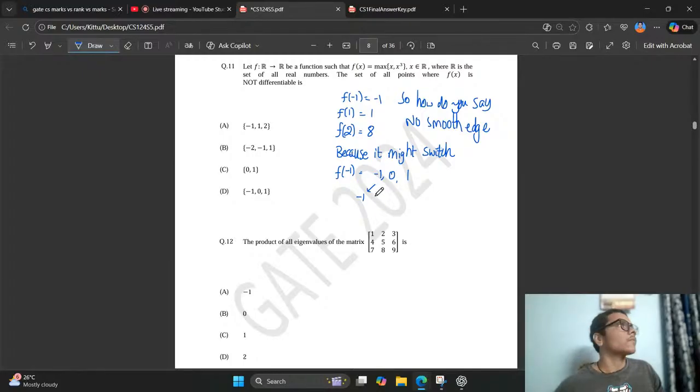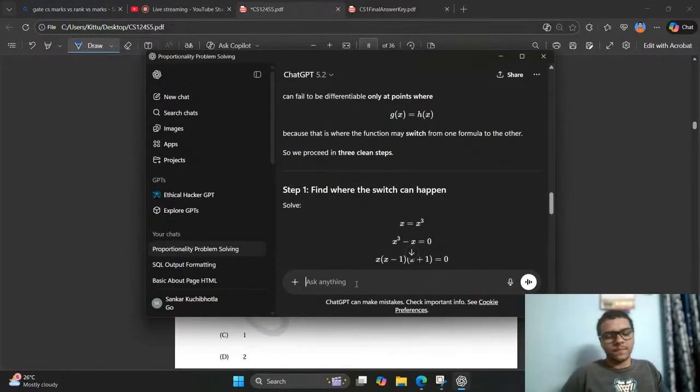Okay, maybe that is why it is called signum function or something. So you will get minus 1, 0, 0, 1, comma 1. If you do it for minus 2, you will get minus 2 and minus 8. So it is differentiable.